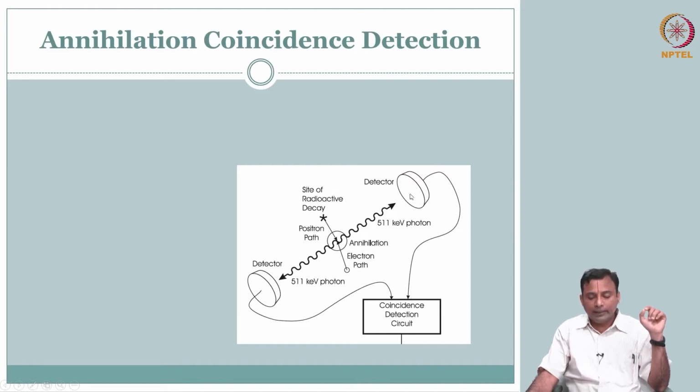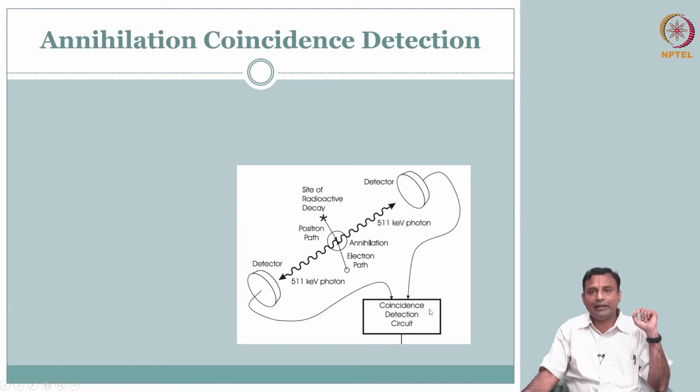If you are able to detect these two and you have a very good timer circuit for when these two are getting hit, then I may be able to say whether they are near simultaneous. If they are near simultaneous, along the line that is joining the detectors is where this activity has happened. So, it is a coincidence detection circuit.